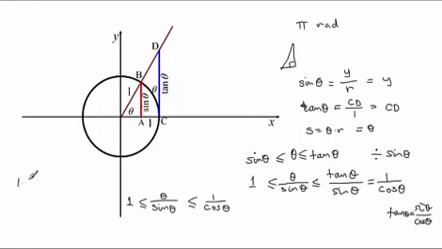We know that 1 is less than or equal to 2, and this is less than or equal to 3. Now, if you invert all these numbers, 1 over 3 has the biggest denominator. So 1 over 3 will actually be less than or equal to 1 over 2, and less than or equal to 1 over 1.